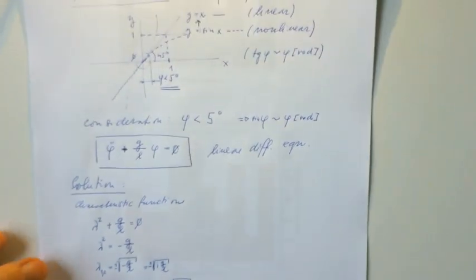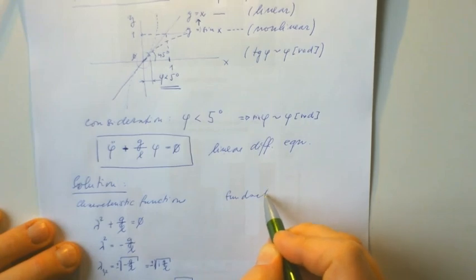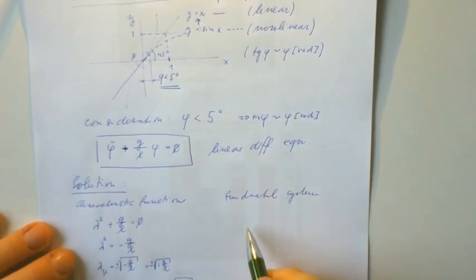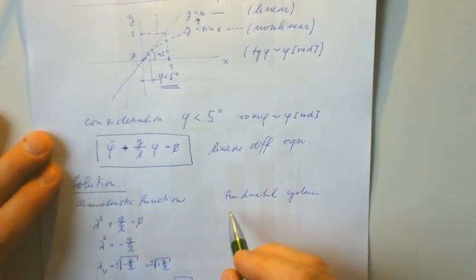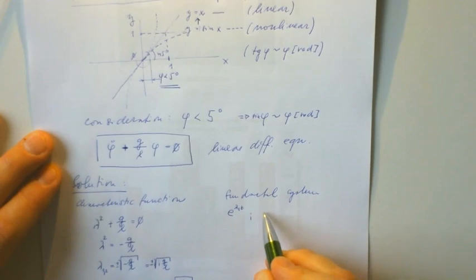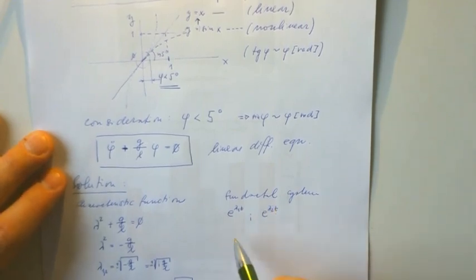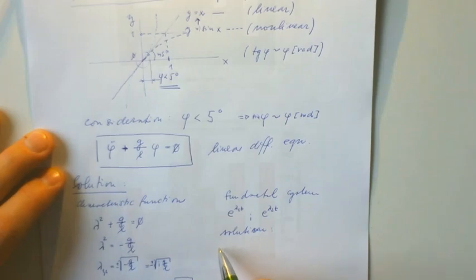After that, we can write the fundamental system. So the fundamental system is e to the power of lambda 1 t and e to the power of lambda 2 t. So the solution we can write in this form.